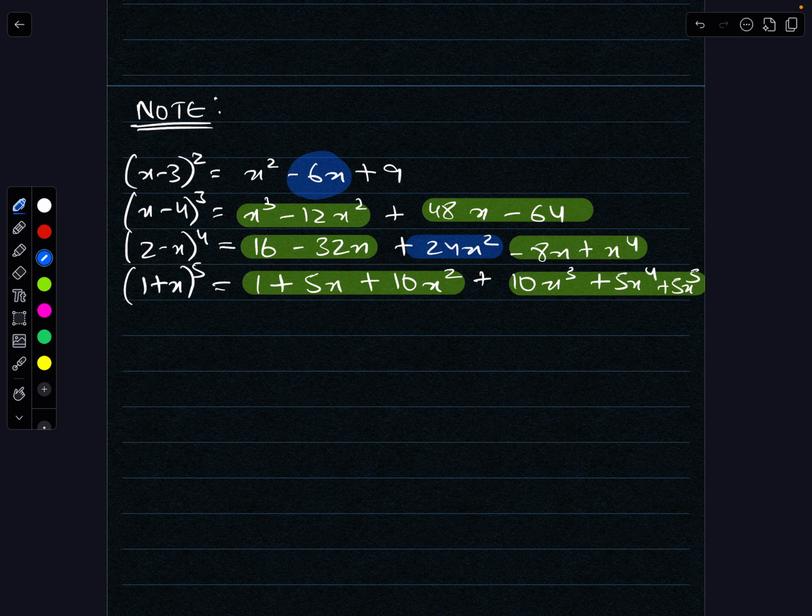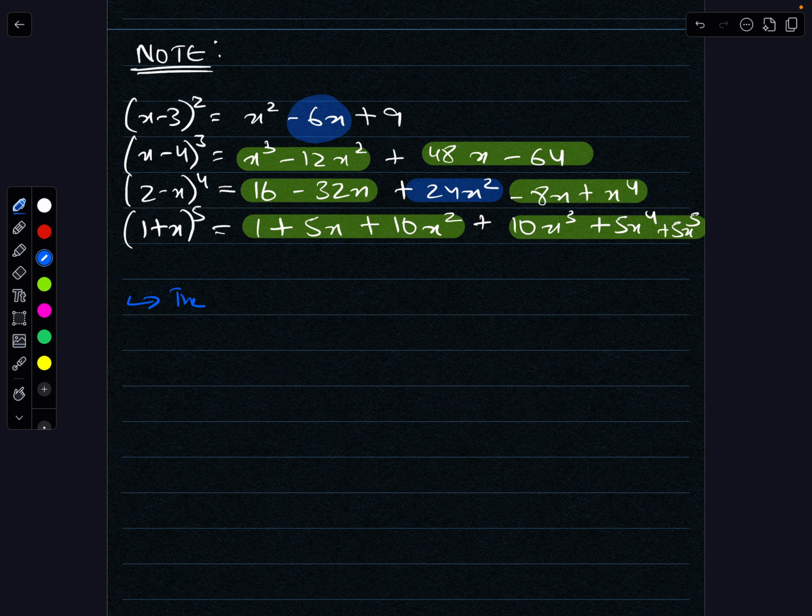That is, the middle term only exists when the power is even. Like in this case, we had a power 2, so we had 3 terms. Since we had an odd number of terms, we had a middle term. In this case, we had an even power yet again, thus we had 5 terms. An odd number of terms means that we will have a middle term.